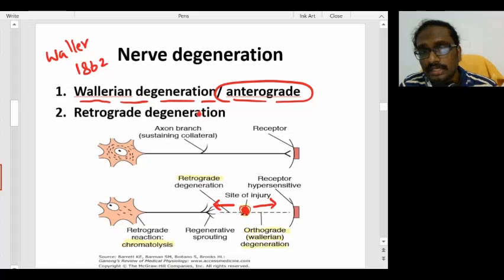So what are retrograde changes? Retrograde changes are all those changes which occur from the site of injury backwards towards the cell body.